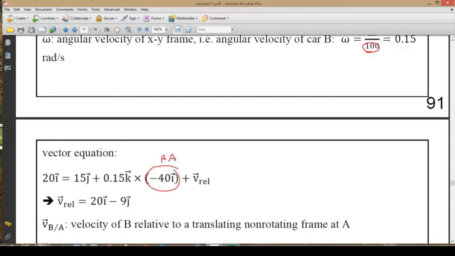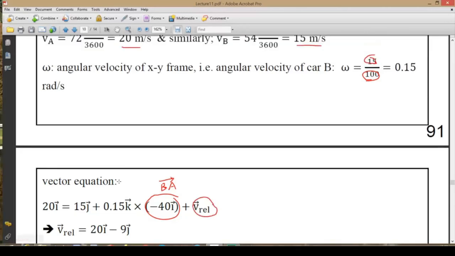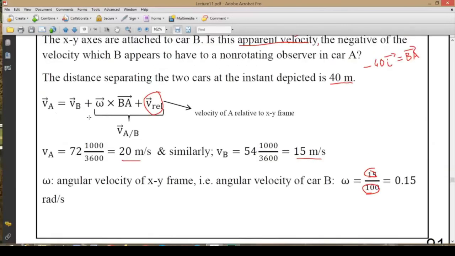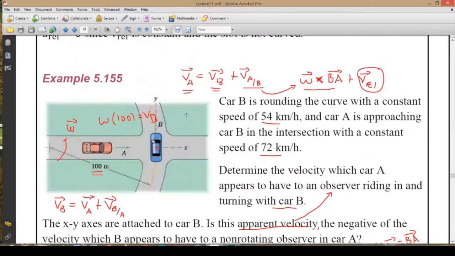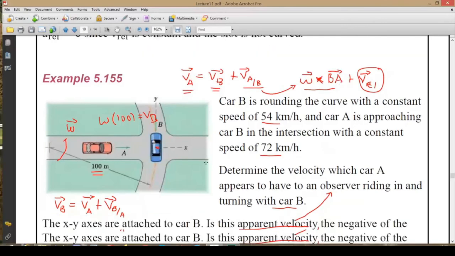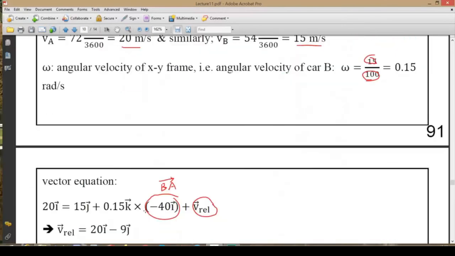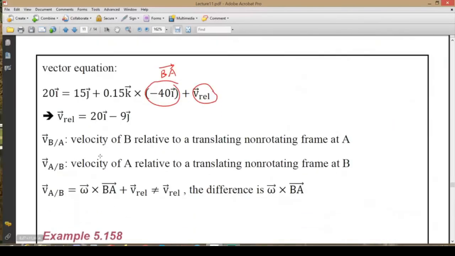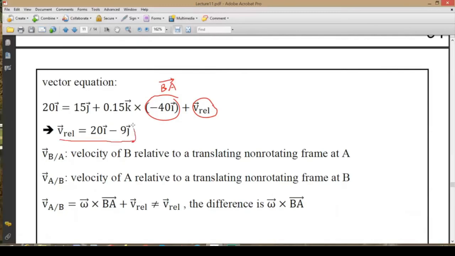That's why it has a negative sign. It's in the negative i direction or negative X direction. And then this is what we're looking for by making use of this equation. That was the first equation that we wrote here. Right? By making use of that equation, we are able to calculate this V relative, which is the apparent velocity to the observer sitting in car B.